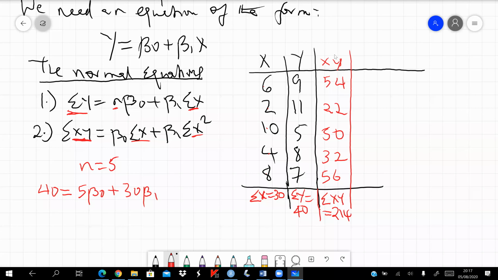Then I have summation of X. I need X squared, so I need to square X. This is 36. This is 4. This is 16.